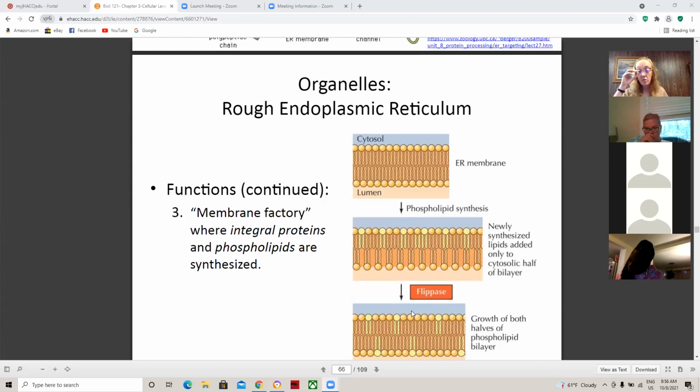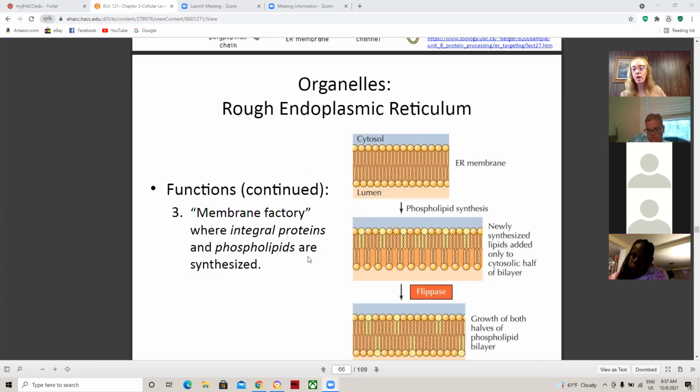The other function of the rough endoplasmic reticulum is that it is the place where integral proteins, remember these are the proteins that can span the plasma membrane, and phospholipids are synthesized.